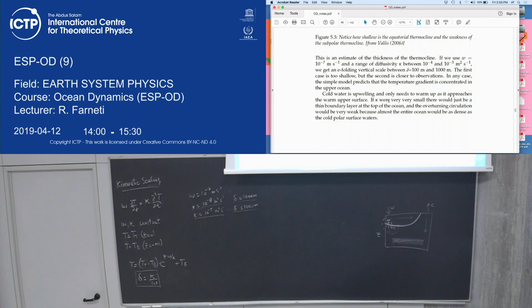So it's not much of a result, but at least it's telling you that this thermocline is not at 2,000 meters, or 3,000 meters. It could have been, but if you use realistic values for the vertical velocity and a range of eddy diffusivity, it gives you very different results, but both results will be in the upper ocean. So what it's telling you is that the thermocline is set in the upper ocean.